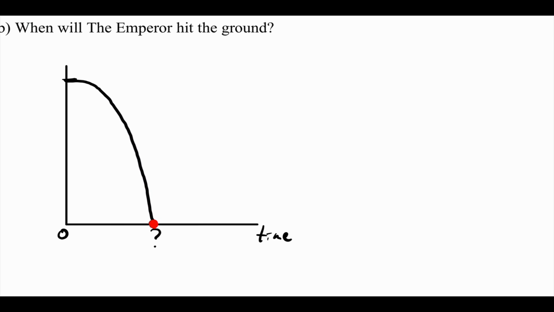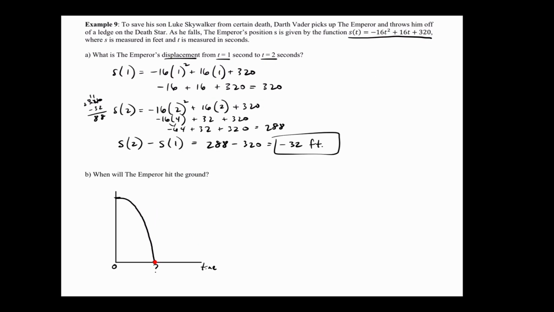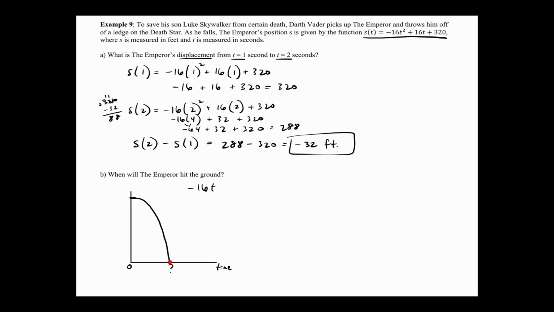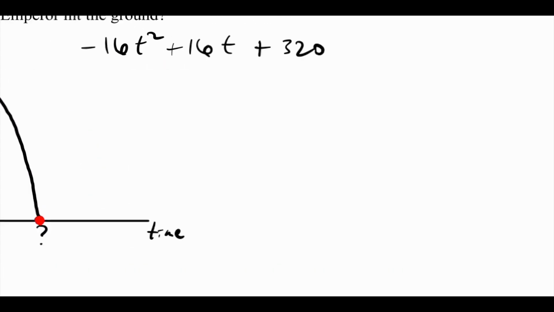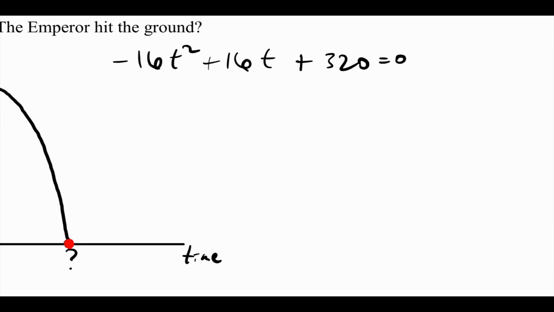So S of t is negative 16 t squared plus 16t plus 320. We're going to set it equal to 0. I'm going to solve it like I would a quadratic trinomial. I think all of them can be divided by 16.